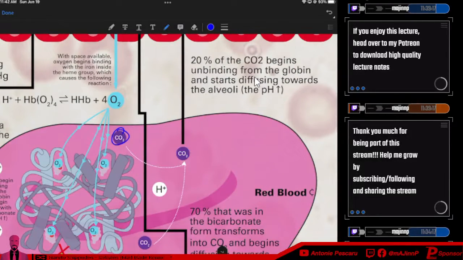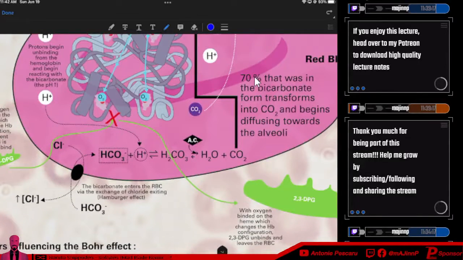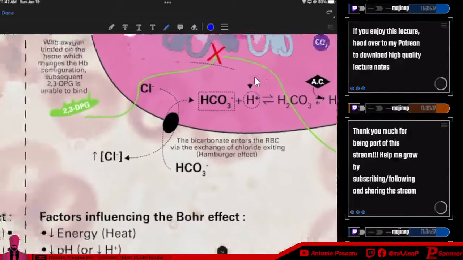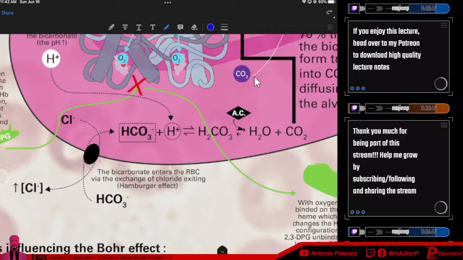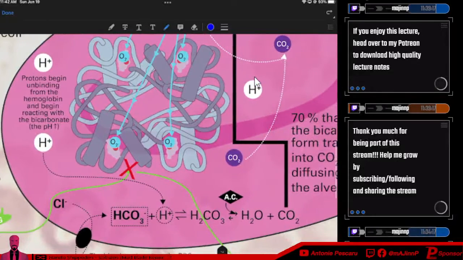Now we're beginning to have a little bit of space for the O2 to bind onto the heme group right here. But there's a little bit more of that, and that's where the second pathway comes in. It's the conversion of bicarbonate back into its CO2 form. What happens is the bicarb starts entering the cell, because the pH starts increasing.